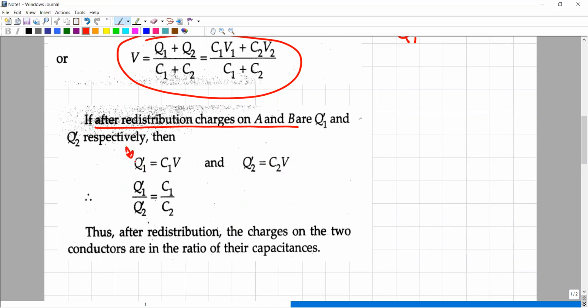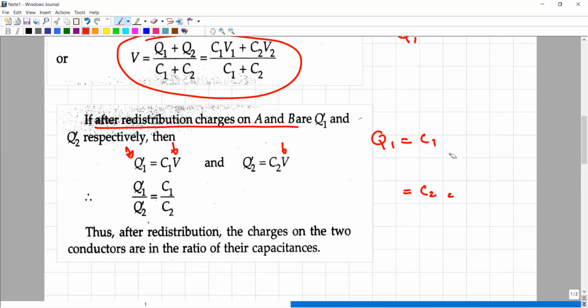The charges would change because now these two capacitors have a different potential. Initially, Q1 was equal to C1 V1 because the first one had the potential of V1, and the second one had the potential of V2.